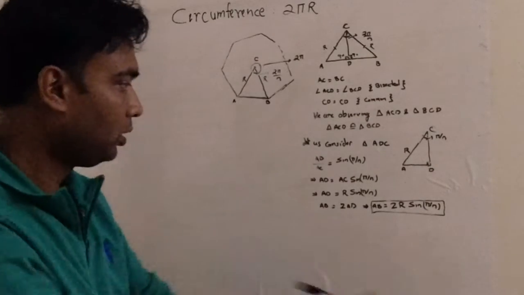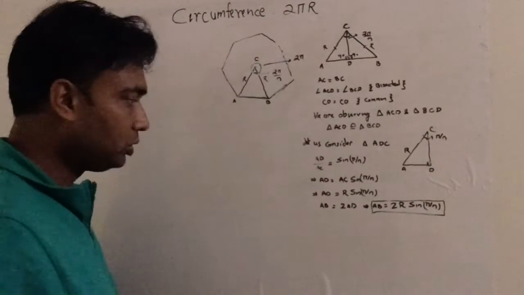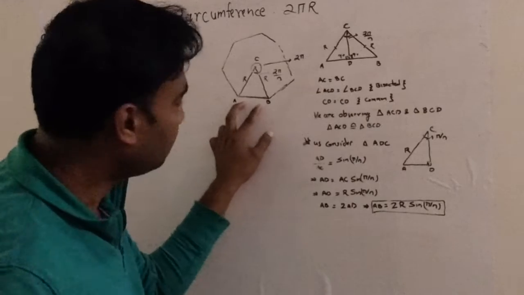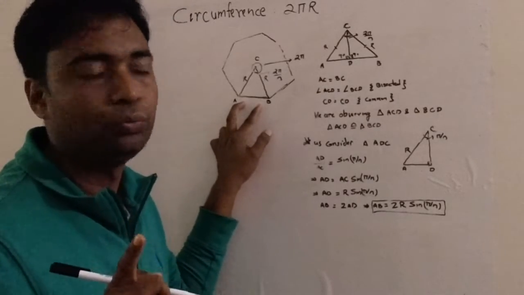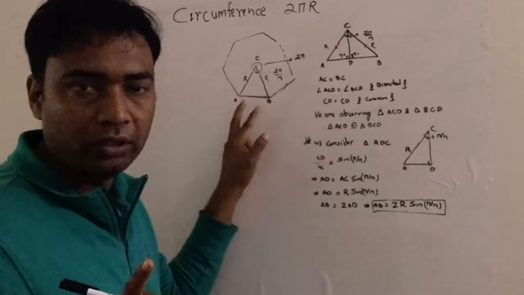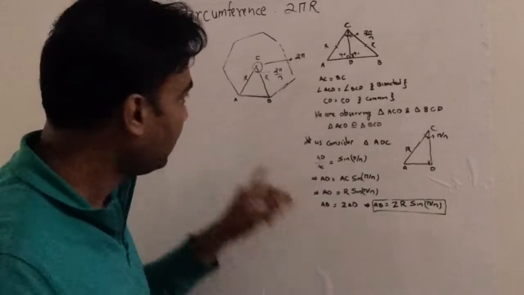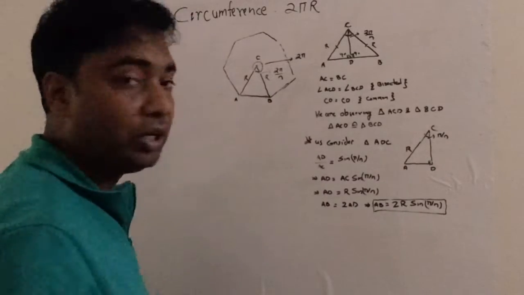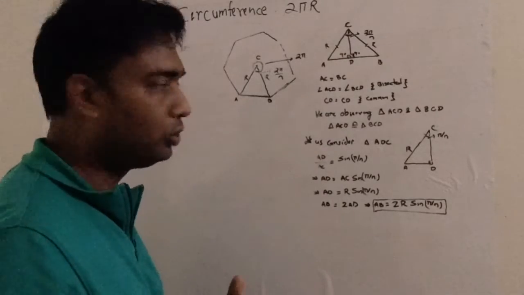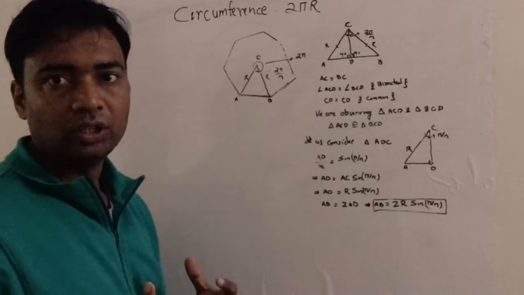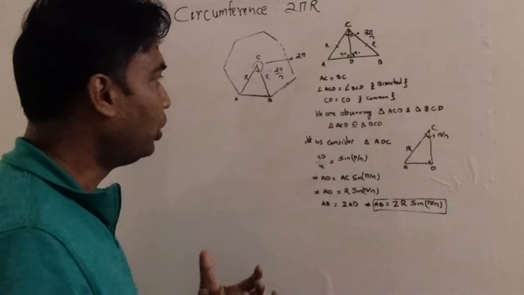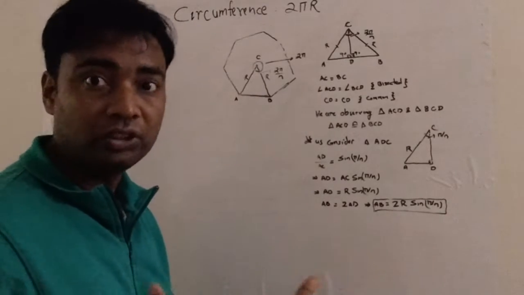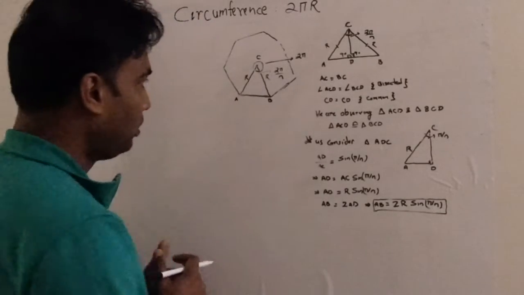Now, what we can do is, since this is one side of the polygon, AB is just one side of the polygon, and the length of this one side is 2r sine pi over n. But we have n sides, because this polygon has n sides, and it is a regular polygon, which means all of the sides are equal.